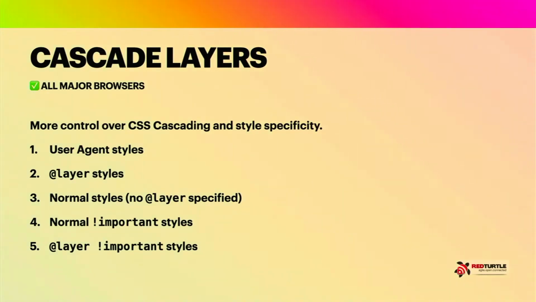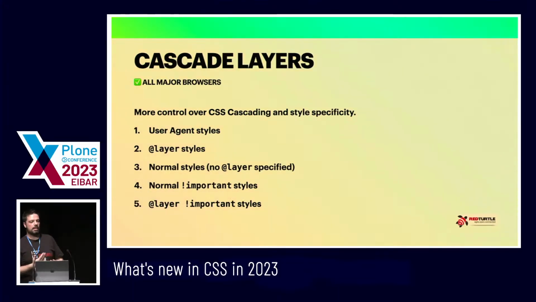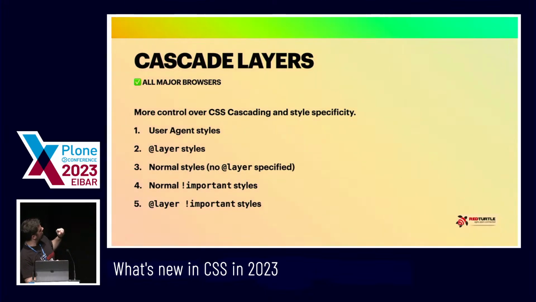Basically, nowadays, you have the user agent styles applying, then the styles that you write, so your style sheet applies, and then the important styles in your style sheet apply. With cascade layers, you get more control because you can add any number of layers, specifically between number 2 and number 5.